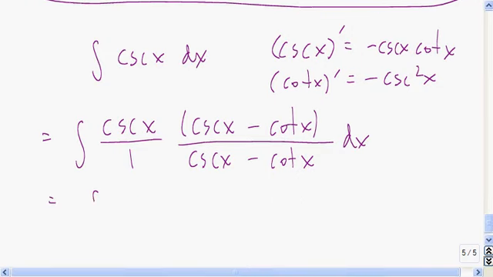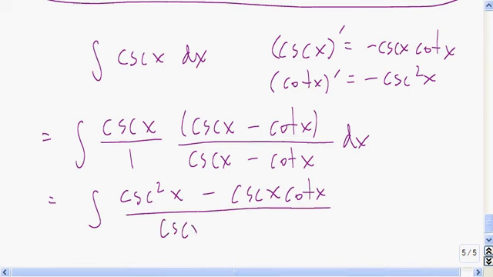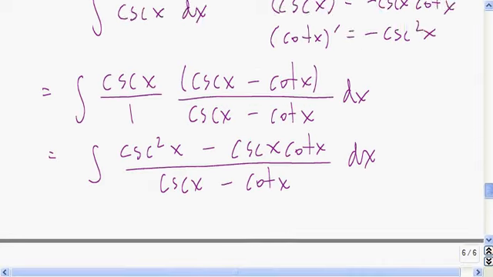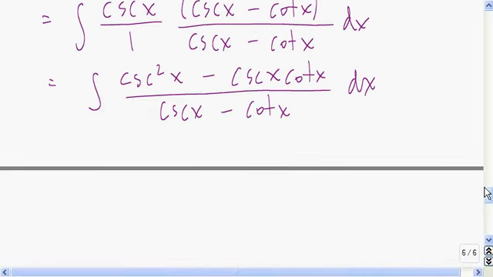All right, then if we distribute in the top, we get cosecant squared of x minus cosecant x cotangent x. And some of you probably see it already, but I'll go ahead and do a u substitution just to show it all out. So now I'll do a u substitution for the denominator. So then I get du will be equal to the derivative of cosecant.